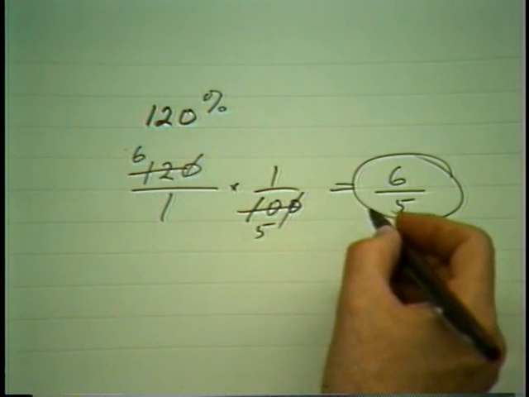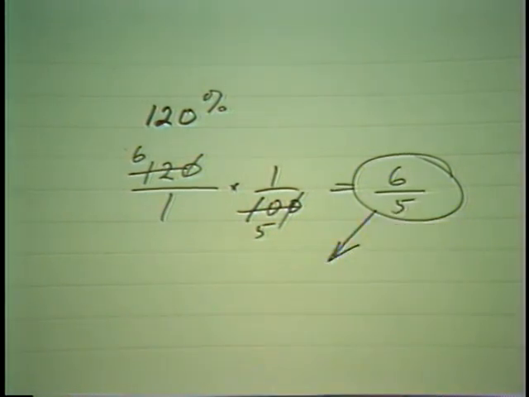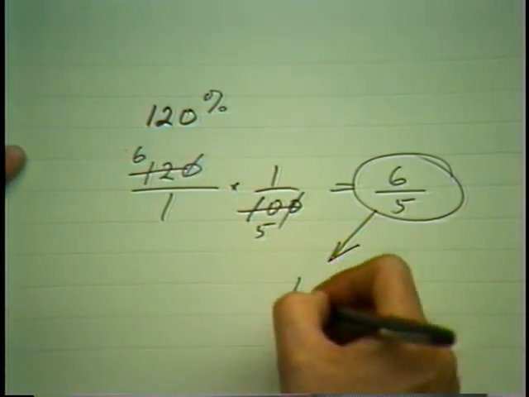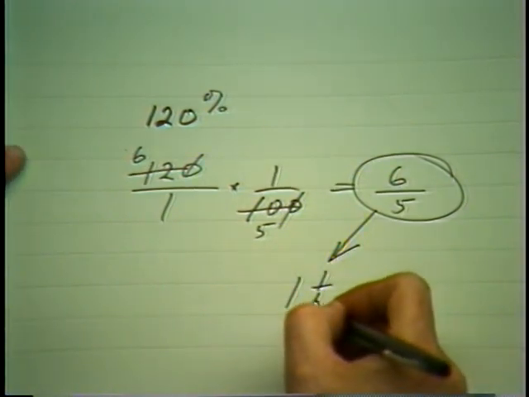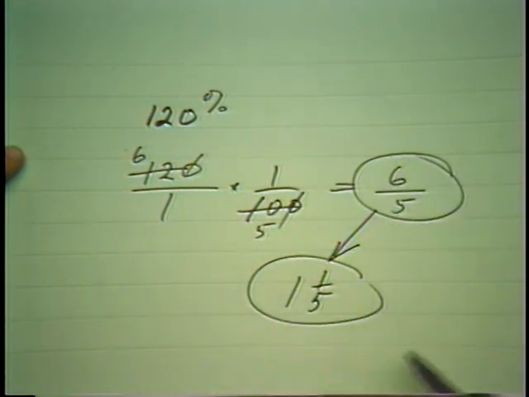Now they might also instruct for us to change this fraction to a mixed number, and of course that would be 1 and 1/5. But this is the fraction. This is not. This is the mixed number.